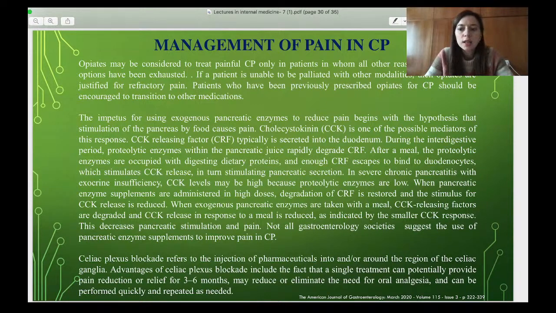Advantages of celiac plexus blockade include the fact that a single treatment can potentially provide pain reduction or relief for 3-4 months, may reduce or eliminate the need for oral analgesia, and can be performed quickly and repeated as needed.